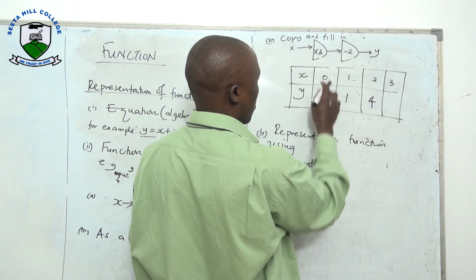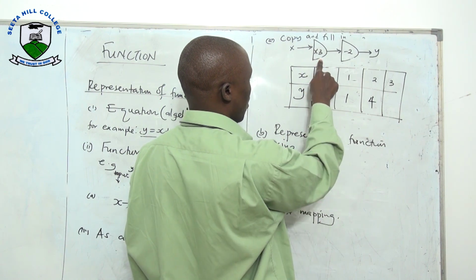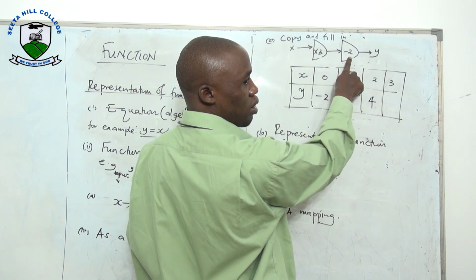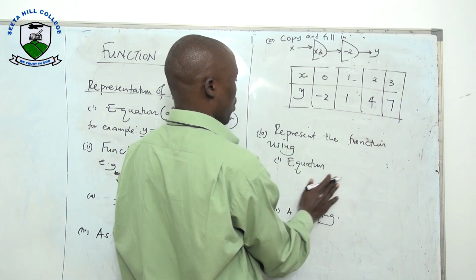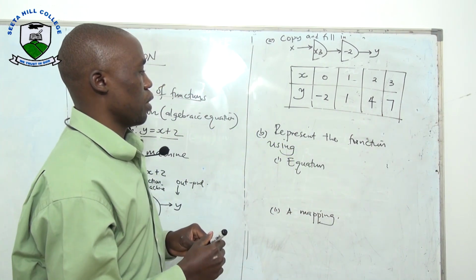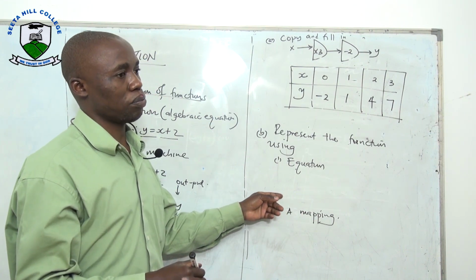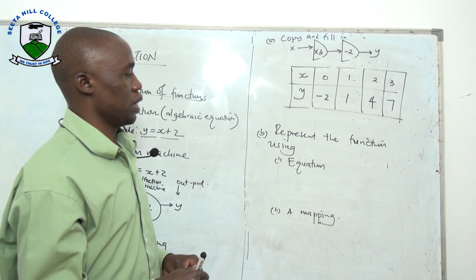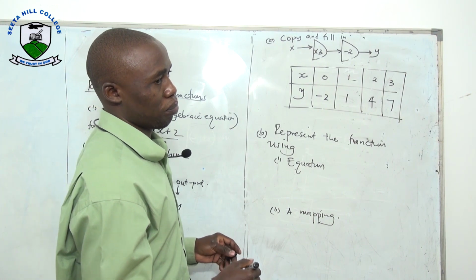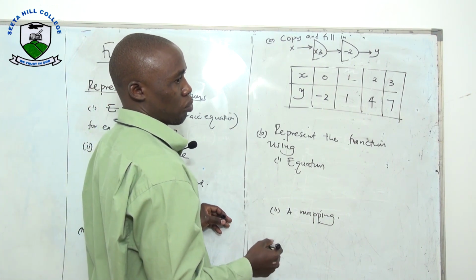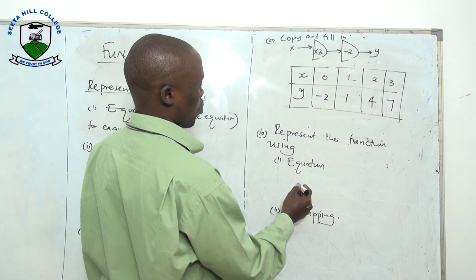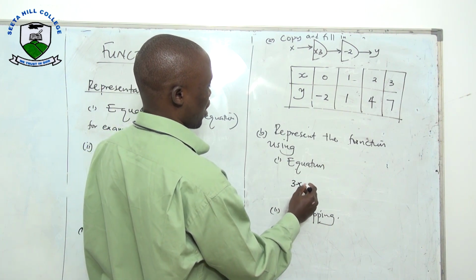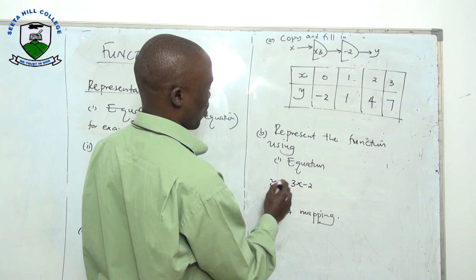Then here 3 times 3, that is 7. Now write it as an equation: 3x minus 2 is equal to y.